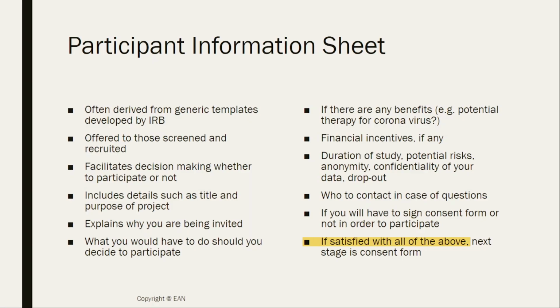If you go through the participant information sheet and you are satisfied with all of what you have read, the above is not an exclusive list of what may be included. In fact, in studies that we categorize as minimal risk, it will include less of this information as opposed to clinical trials or other studies that may be of more risk. It may have a lot more details.